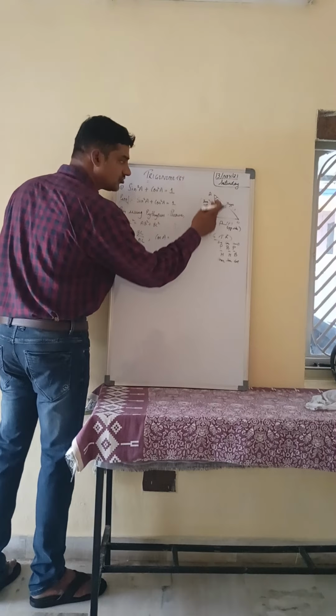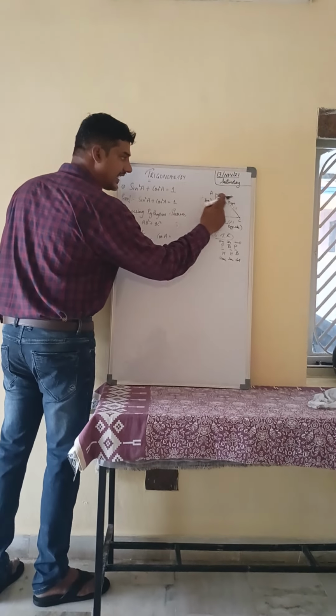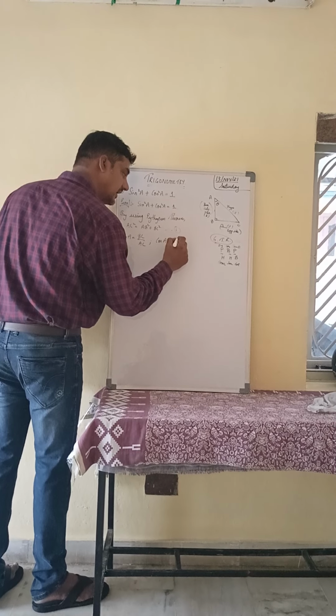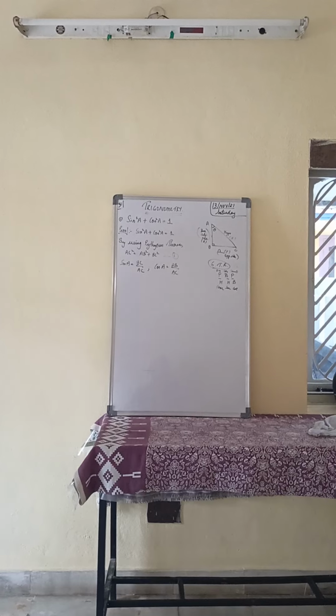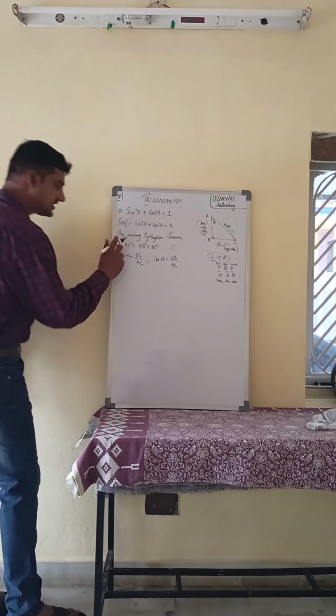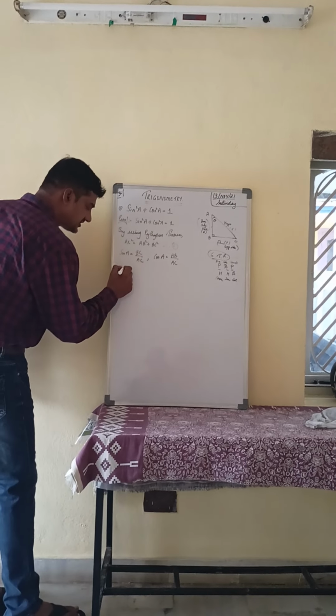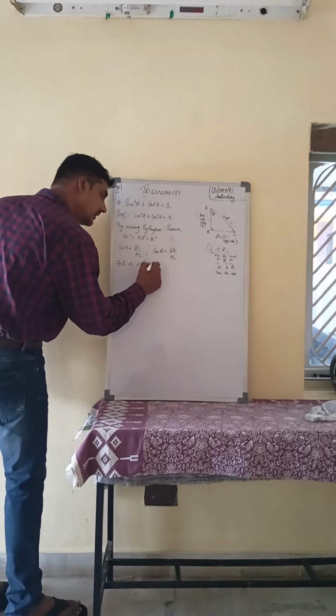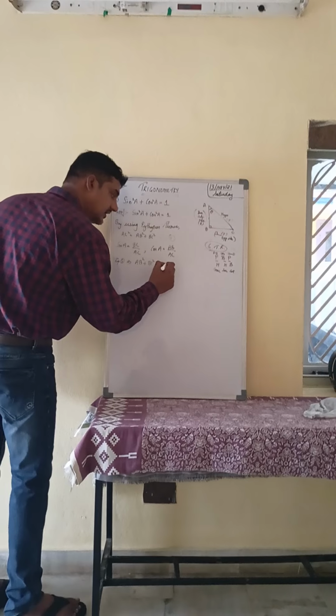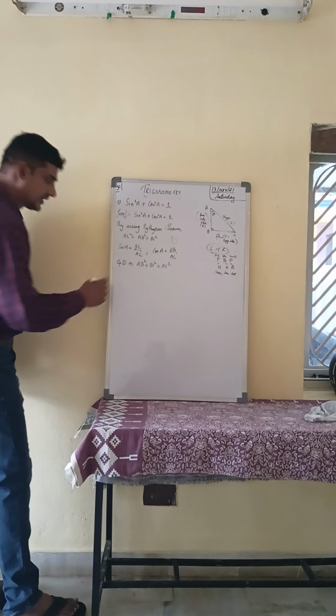Base by hypotenuse. Base is AB and hypotenuse is AC. AB by AC. Clear with these two values? Now equation number 1. What is your equation number 1? Equation number 1 is AB square plus BC square is equal to AC square.